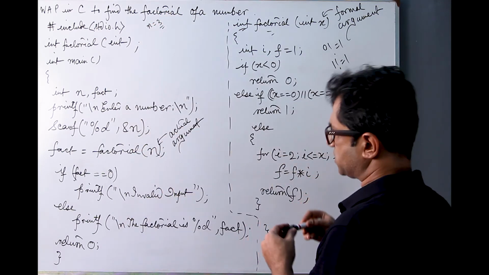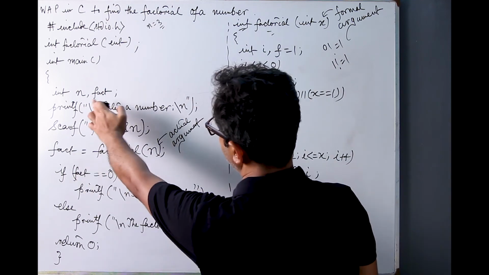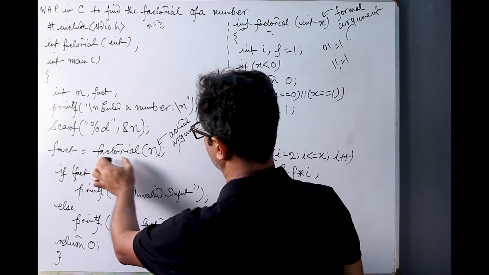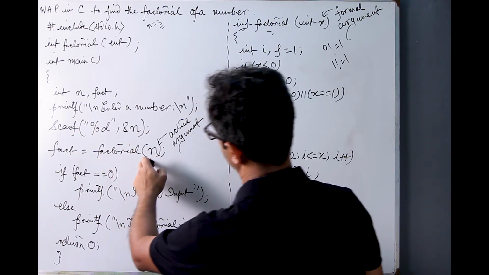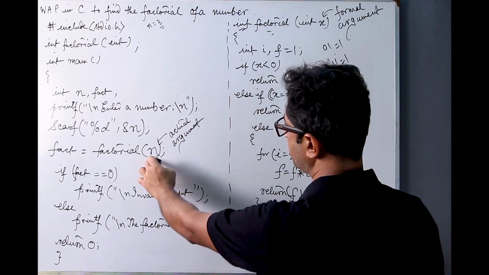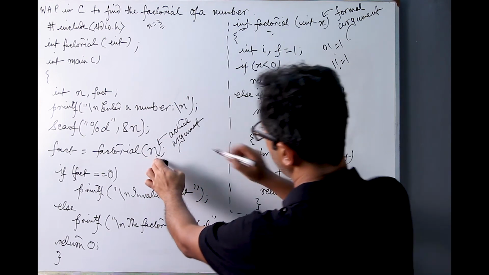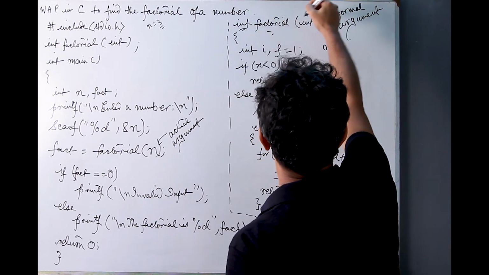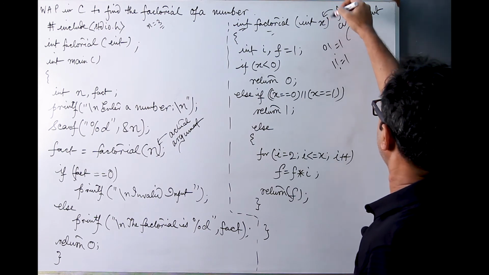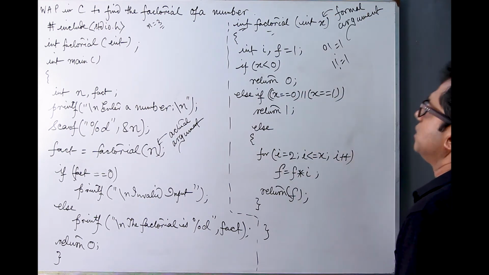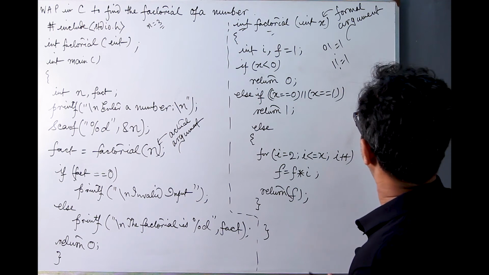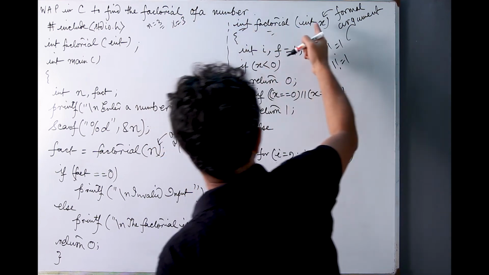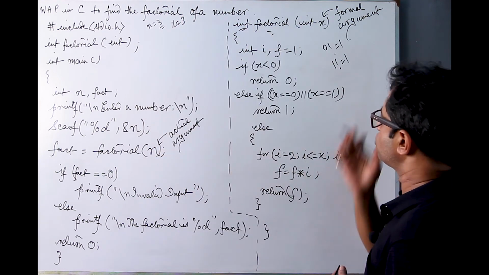So in that case, n will be 3 and in this line, fact is equal to factorial n will call the function with the actual argument n, that is, the actual argument will be 3 over here, and the program control passes from this portion to this portion directly, and we see that this formal argument will also have the same value as the value of n, that is, x will also become 3, because x is nothing but the copy of the actual argument n.